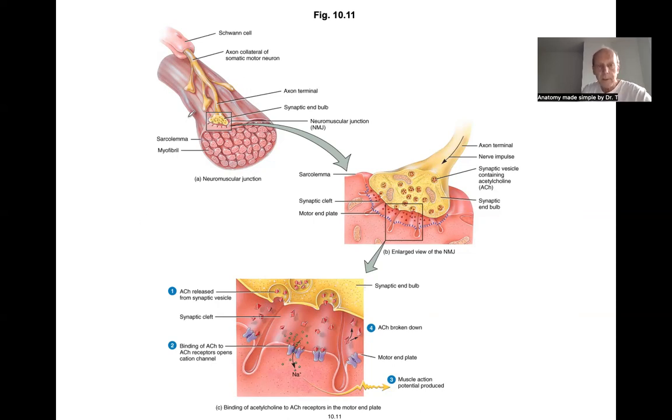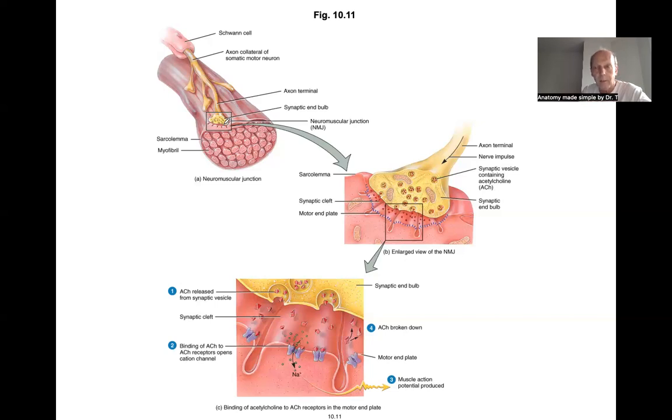The upper left corner of the screen shows us one axon with its axon terminal, synaptic end bulb, practically being against the sarcolemma of a muscle cell, but still between these two, we do not have a direct physical contact.